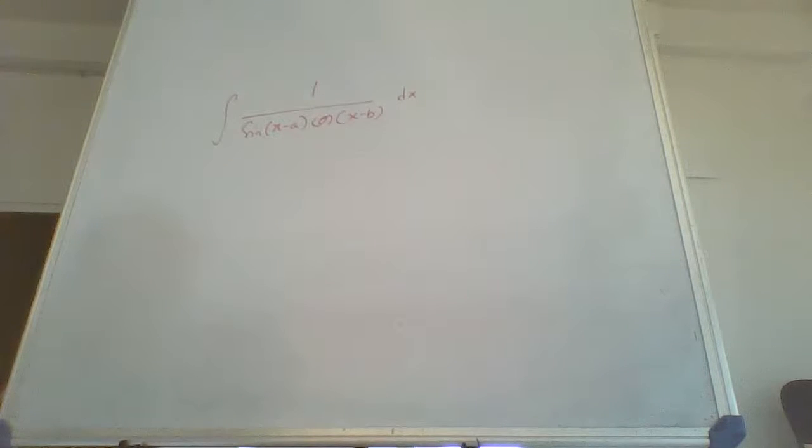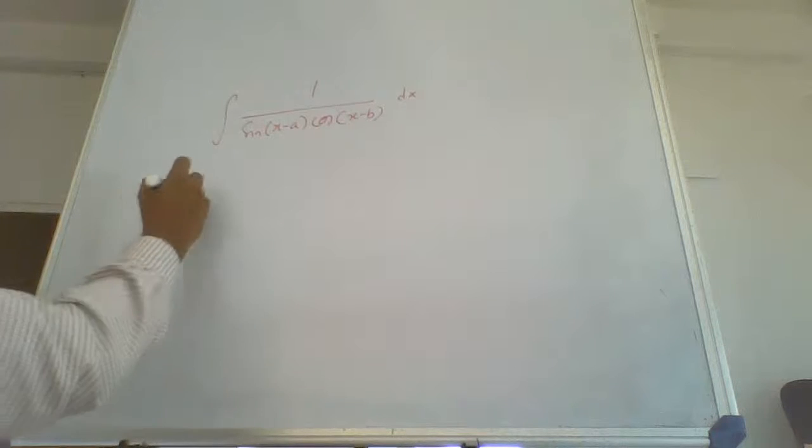Now if you see this, I can cancel. I can write cos by sine as cot, and sine by cos as tan.